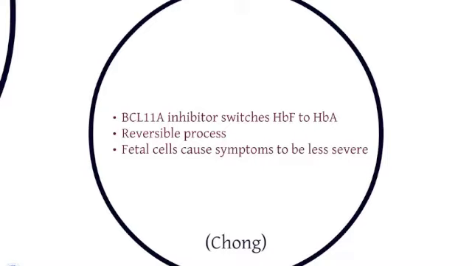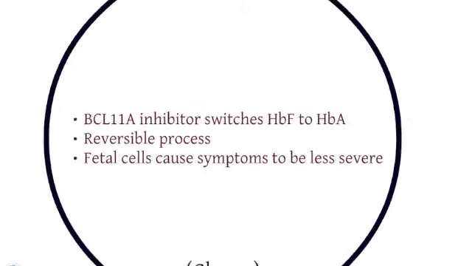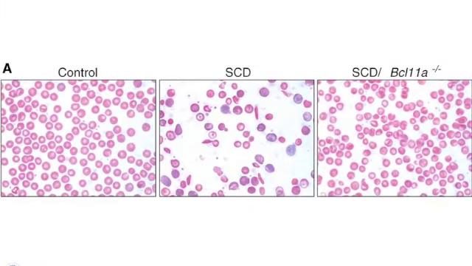This is a logical explanation because the disease has not progressed when it is in the fetal stage. BCL11A null alleles were introduced into mice with sickle cell disease, referred to as SCD. This is then called SCD-BCL11A.